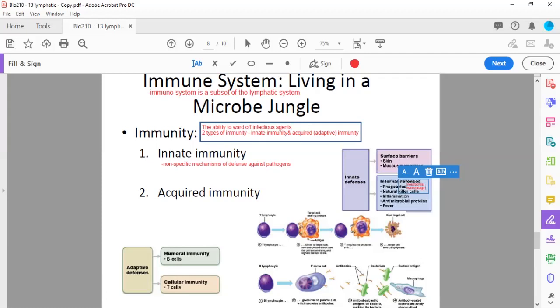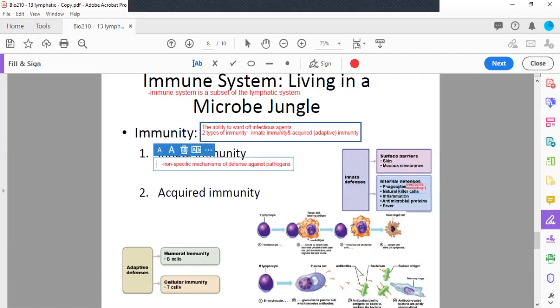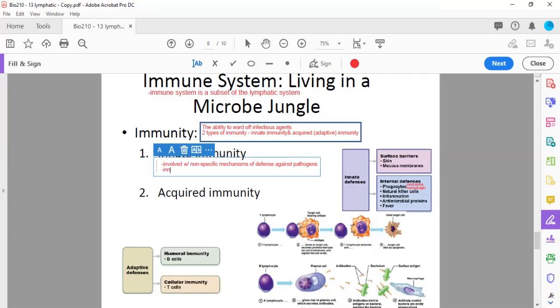So we can say innate immunity is involved with non-specific mechanisms of defense against pathogens. Also, innate immunity is present at birth.